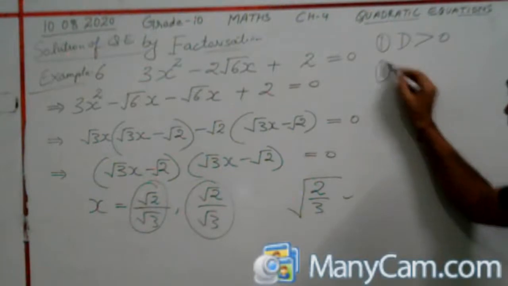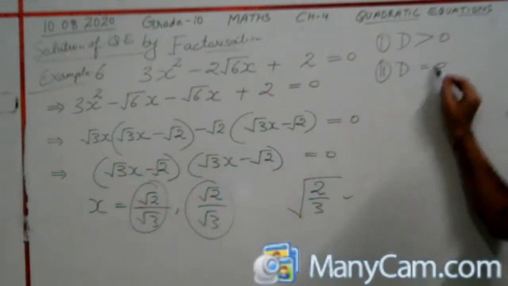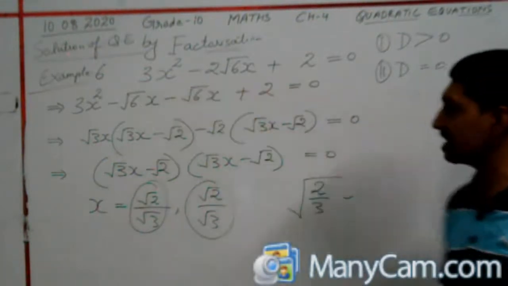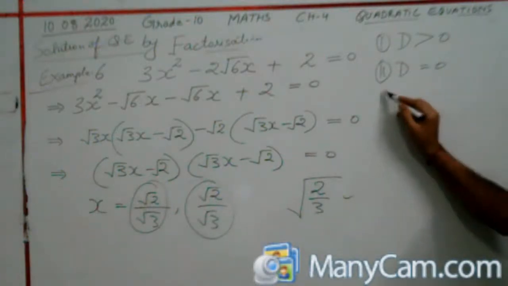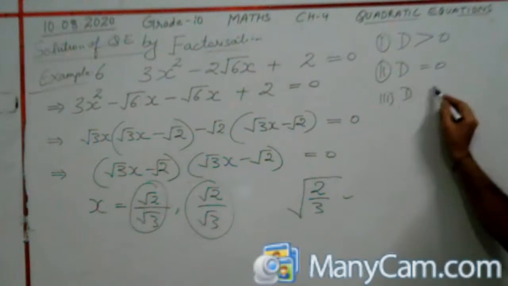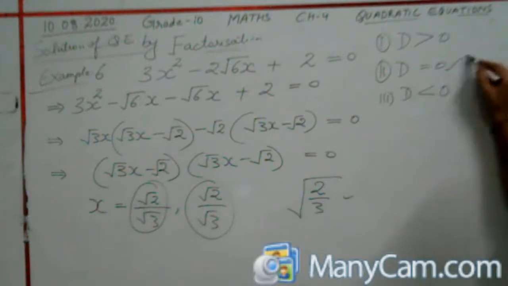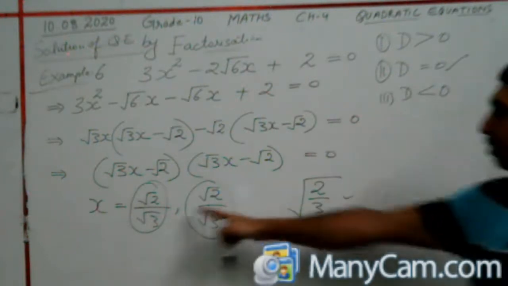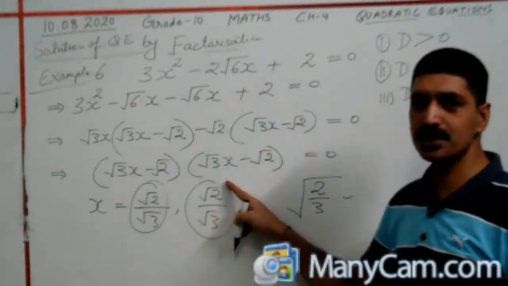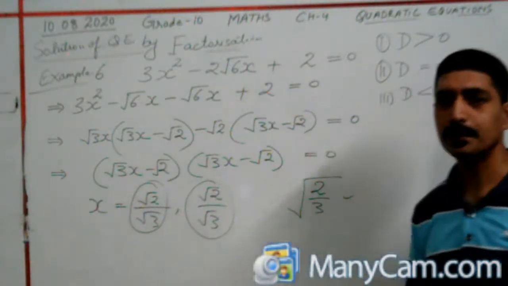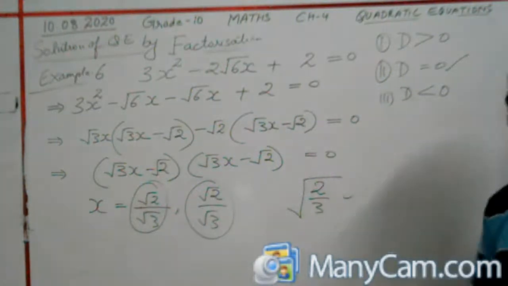When the discriminant is 0, two equal real roots. And third case, no real root exists when this D is less than 0. So here we will check, because both roots of this quadratic equation are equal. Both the roots are equal.